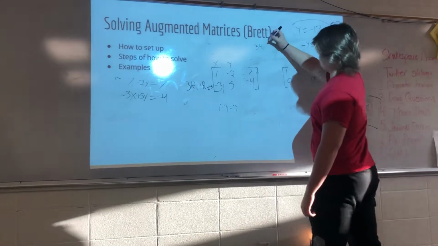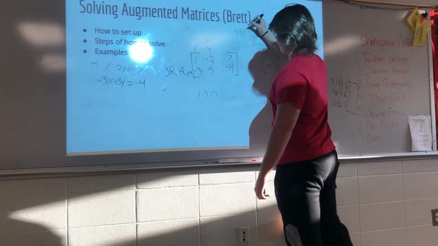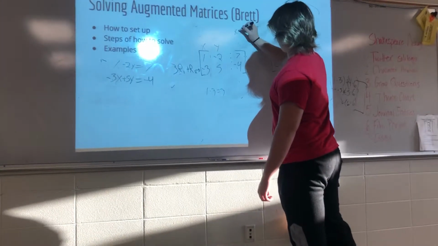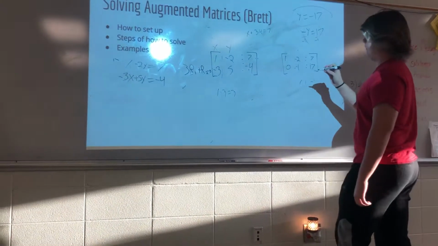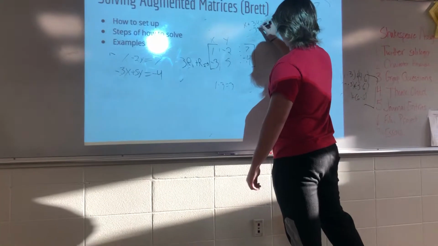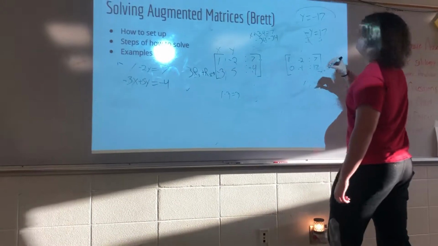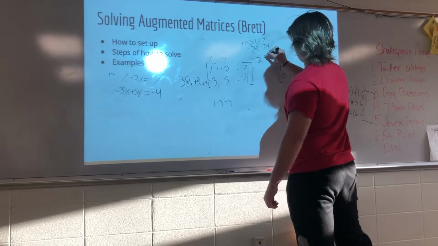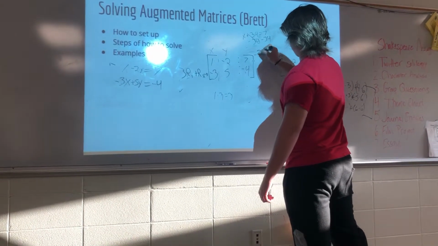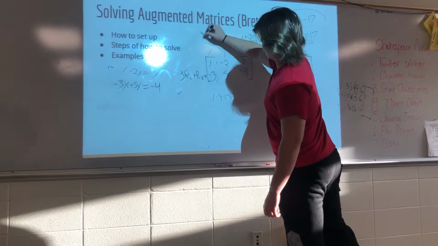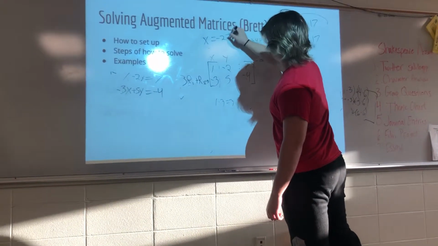Yes. So x plus 34 equals 7. Now we subtract 34 here, and that equals -27. So now we know x equals -27.